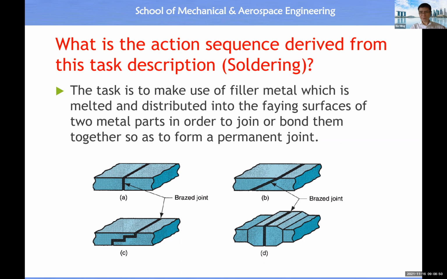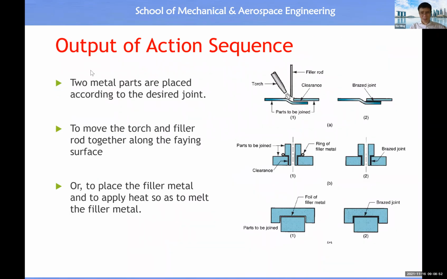Then we could identify this version of the action sequence. Action number one is to place two metal parts together to form a desired joint, and then to move the torch and the filler rod together along the faying surface, or the joint surface.